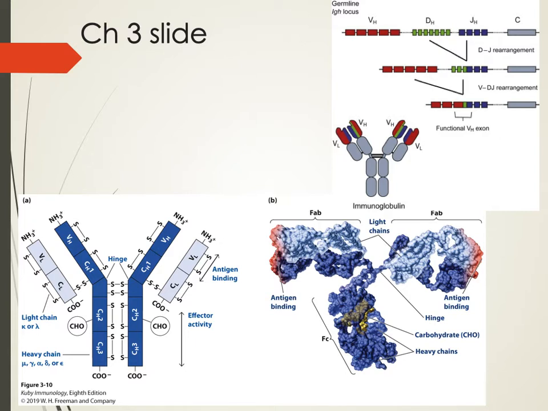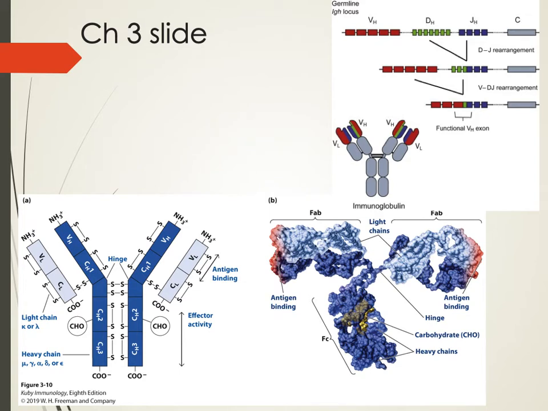So this is what changes between each B-cell, between each antibody, but the constant region stays the same for the class of antibody. So the heavy chain and light chain that is utilized for a specific isotype or class of antibody would be constant, hence the term.